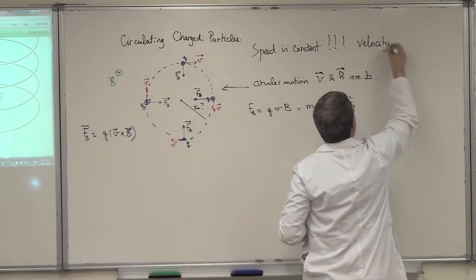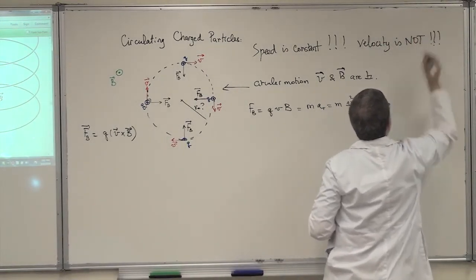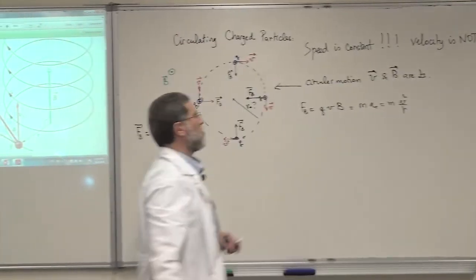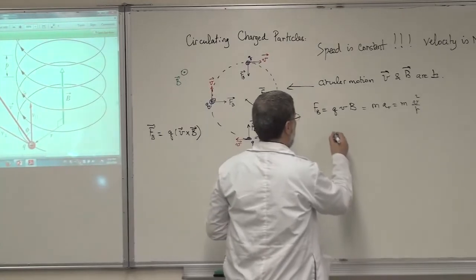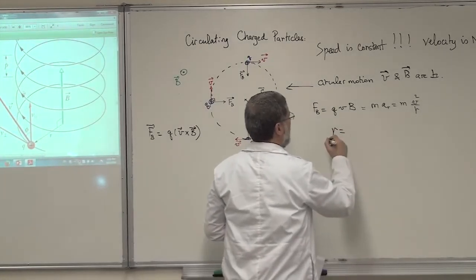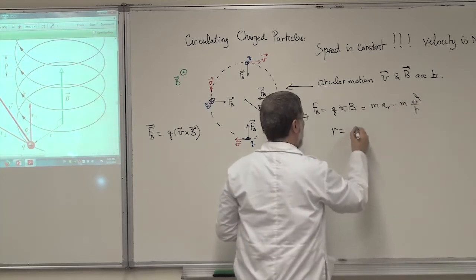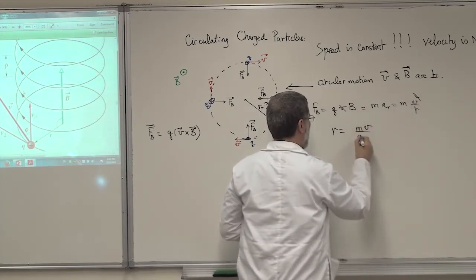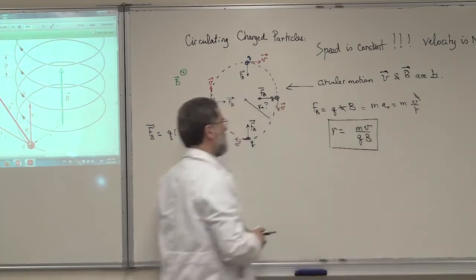Very important. Why is the velocity not constant? Because there's a change in direction. So let's find r. From here, you cancel one of the v. R will be m v over q b. That's the radius of my circular path.